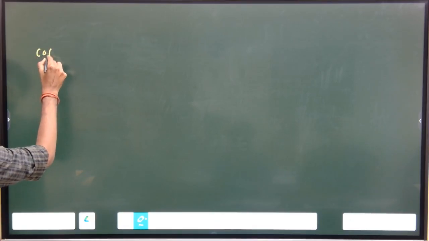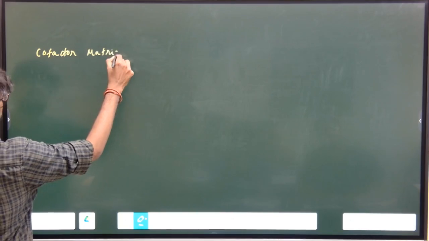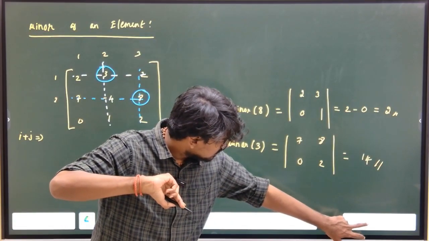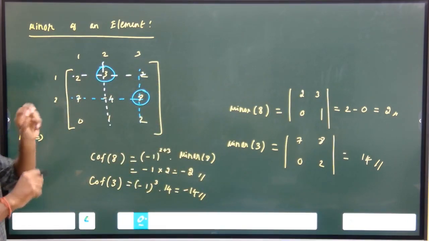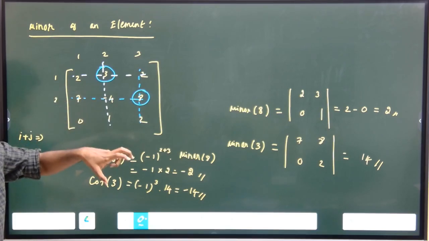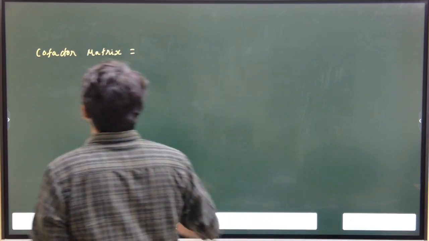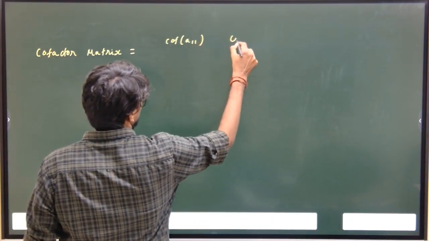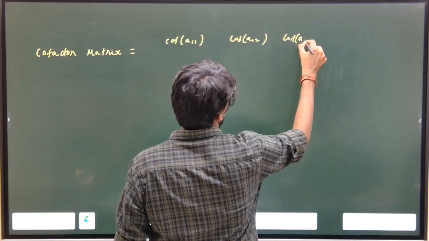Now I am going to form a matrix called the cofactor matrix. Just find the cofactor for each and every element and substitute it in the matrix. The first row is cofactor of A11, cofactor of A12, cofactor of A13.